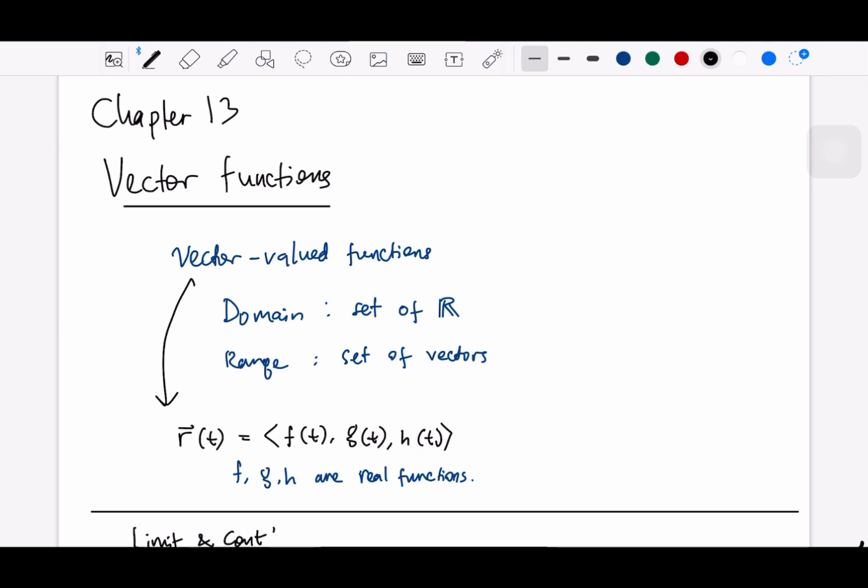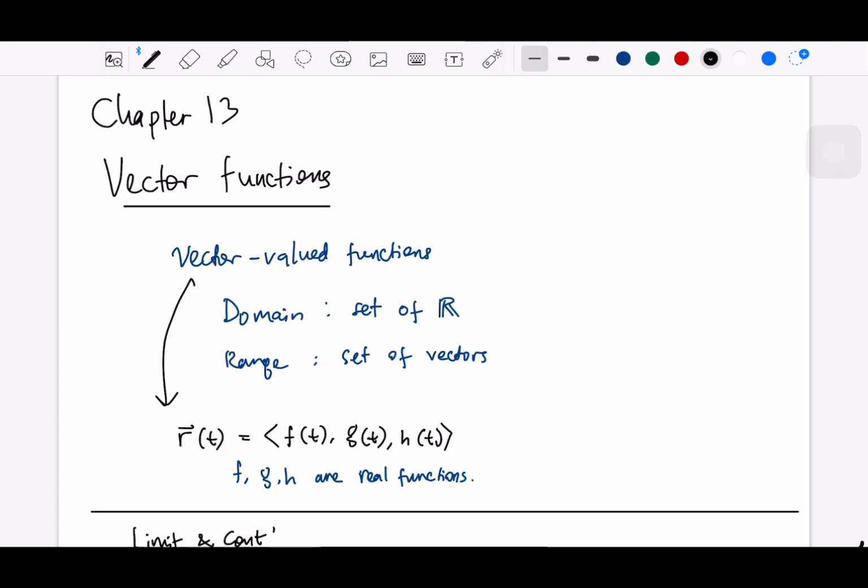Okay, so we say that we could take r as a vector function, with f of t, g of t, and h of t all real functions, based on the variable or parameter t.